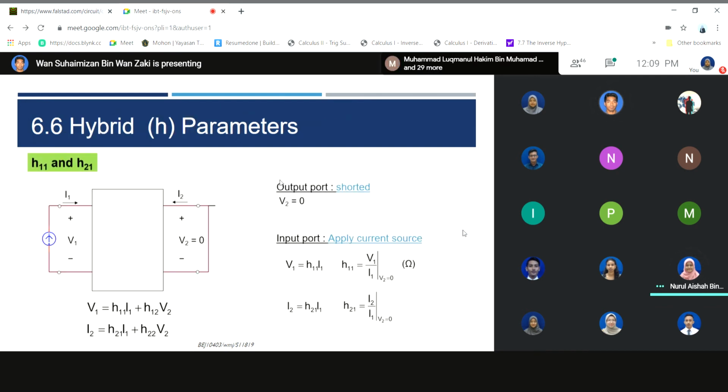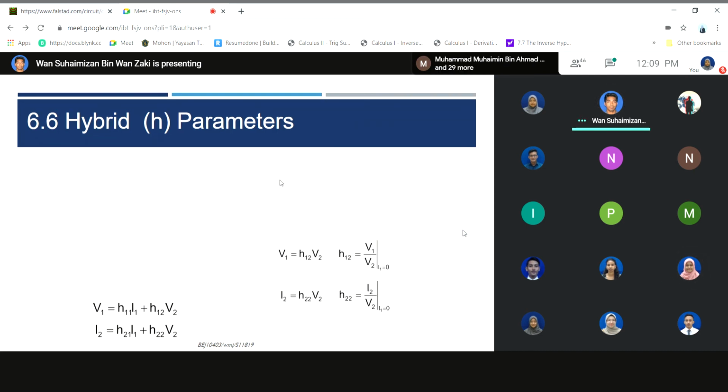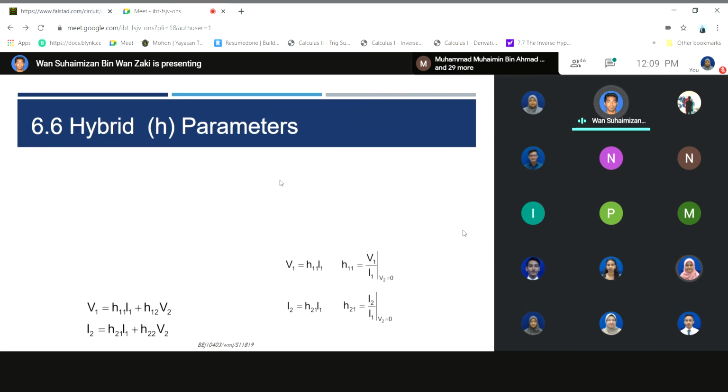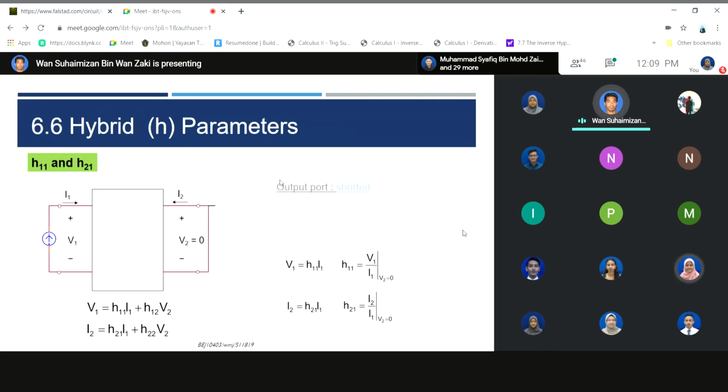Alright. So next, we need to find the parameters. First you need to determine H11 and H21. From this equation, you can determine them by setting V2 equals to 0, right?